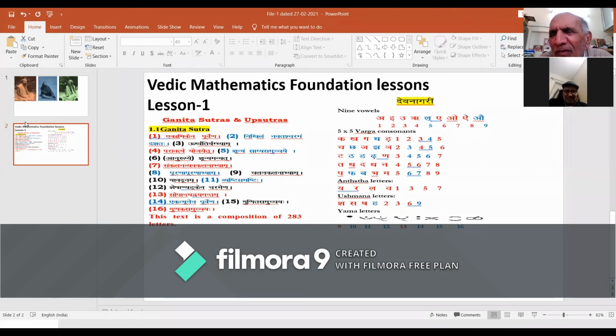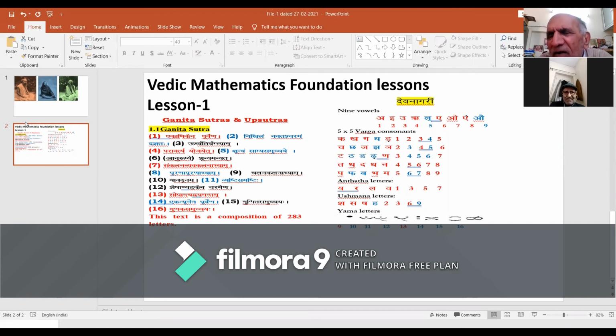Here now, to have an association, all the letters used in the text of Ganita Sutras are nothing but the letters of Devanagari alphabet. They are associated in the sequence, say vowels first to ninth. These are numbers 1 to 9. So first vowel is nothing but number 1 because of first placement. Second vowel is number 2 because of its second placement.